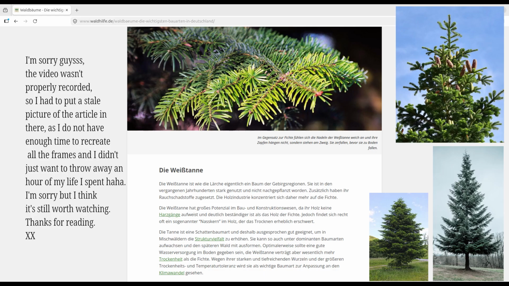And im Holz, in the wood, der das Trocknen erheblich erschwert, which we just said, which the or that the Trocknen, so the drying. This derived word trocken, which means dry.